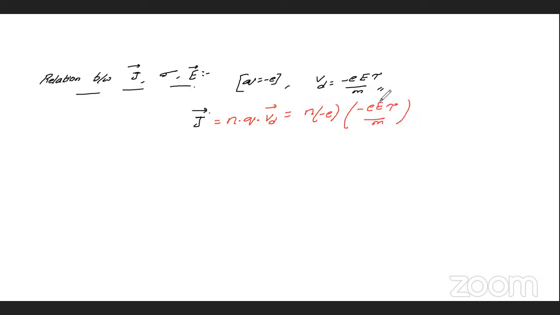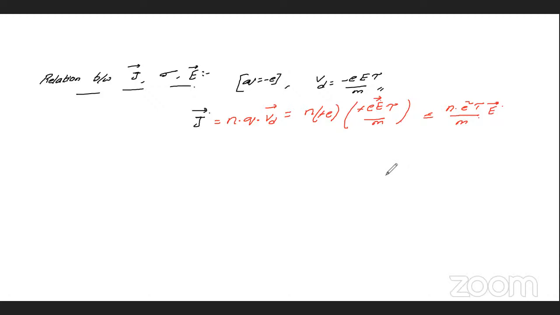Minus minus gets cancelled. So J is equal to n e square tau divided by m into the electric field E vector. Please take it.